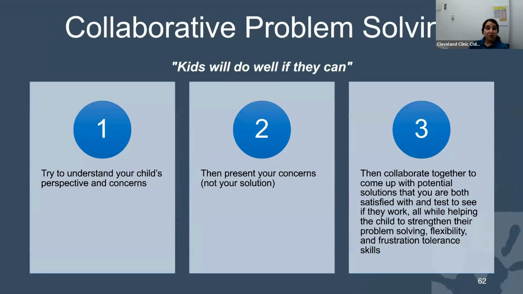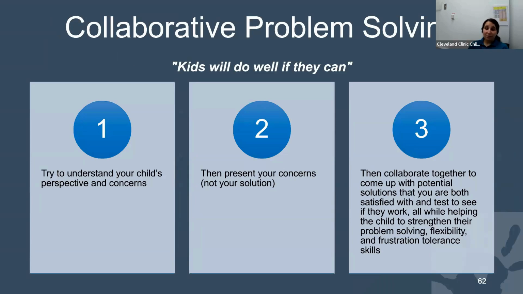Another strategy that you can use for helping manage your child's tantrums or meltdowns or their big feelings is what is called collaborative problem solving. With collaborative problem solving, the key takeaway is that kids will do well if they can.